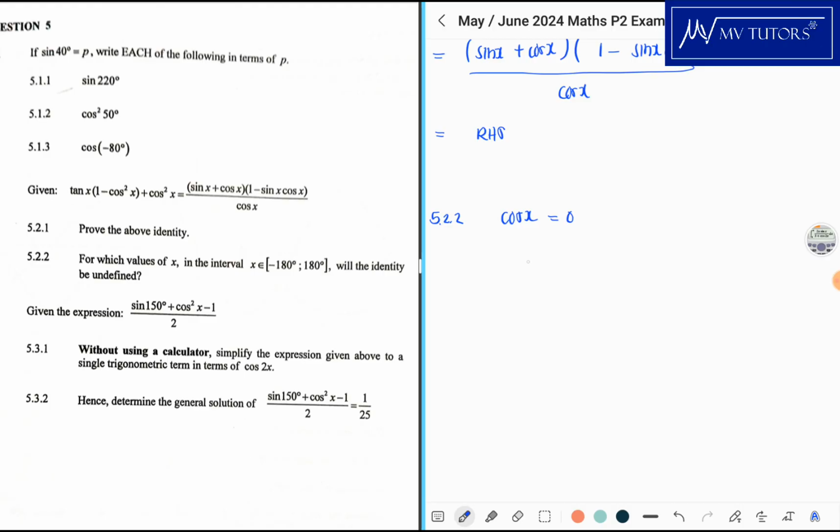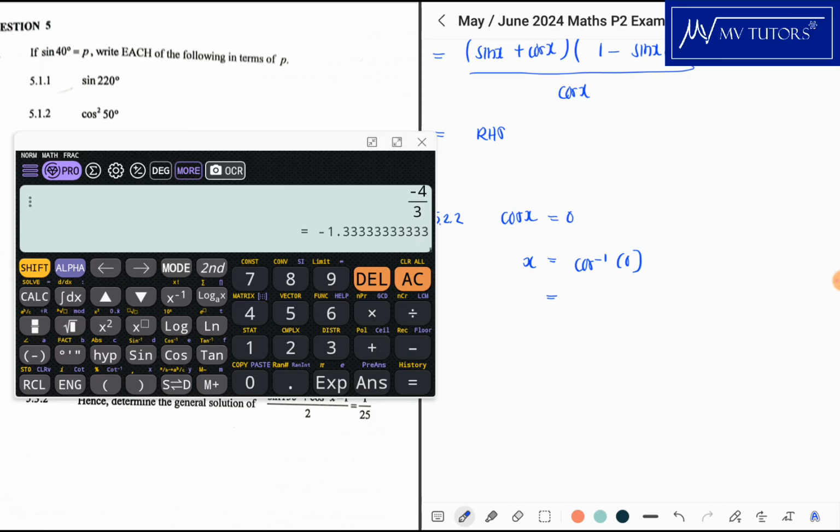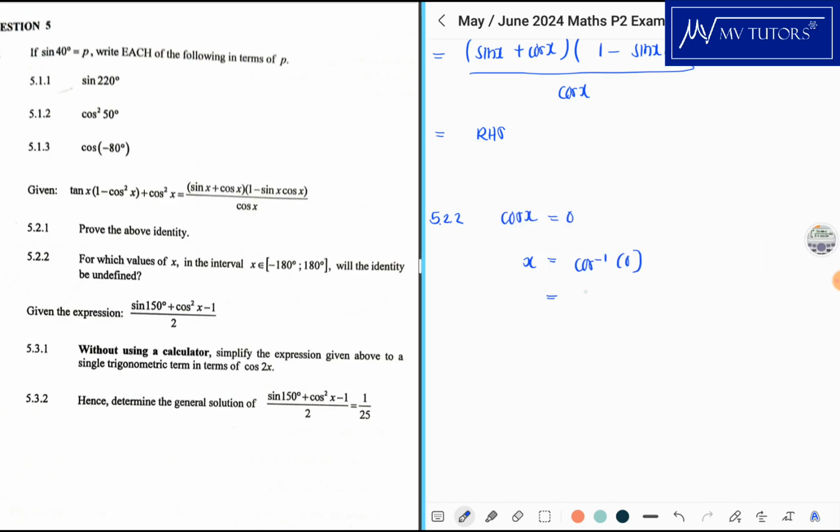Okay, now if I were to work out the values where cos x is equal to 0, it's more than one value, but let's just start. So arc cos 0 is basically 90 degrees, but this is for that interval, so it will be 90.